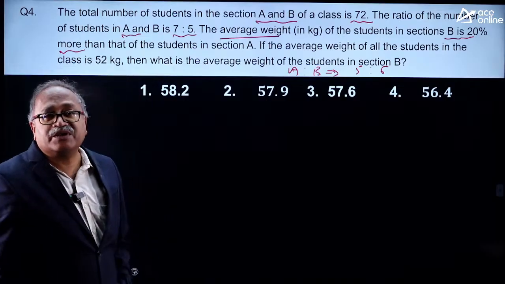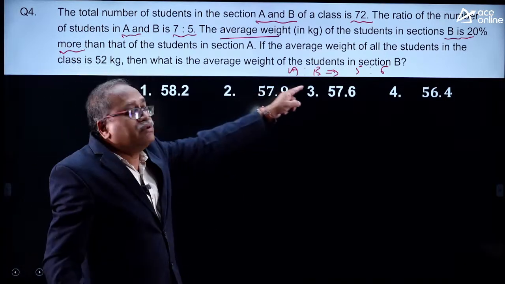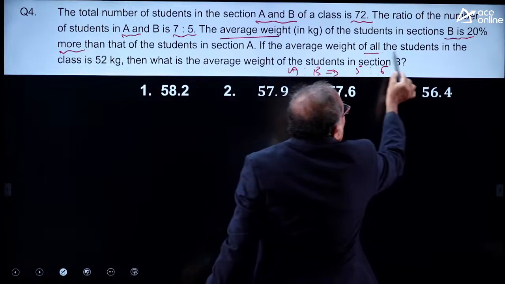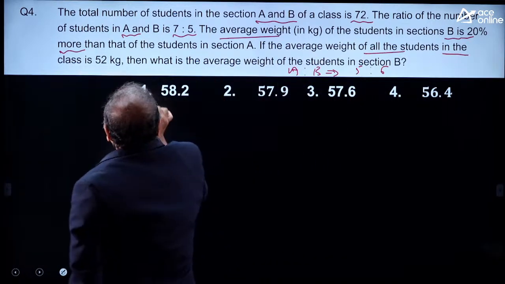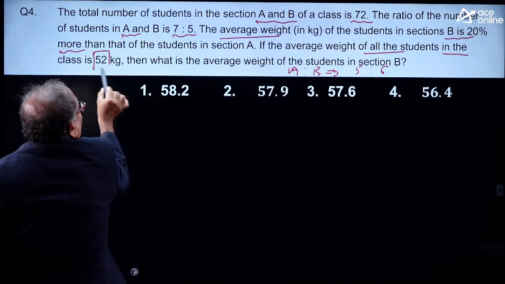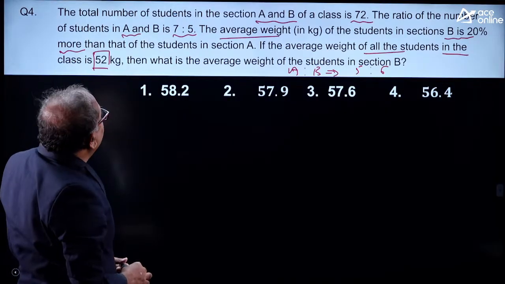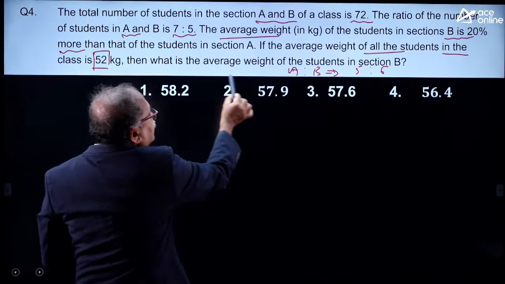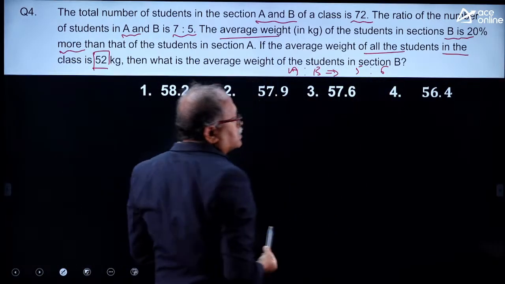B is 20% more than A, so the average weights are in the ratio of 5:6. If the average weight of all the students is 52, then what is the average weight of the students in section B?